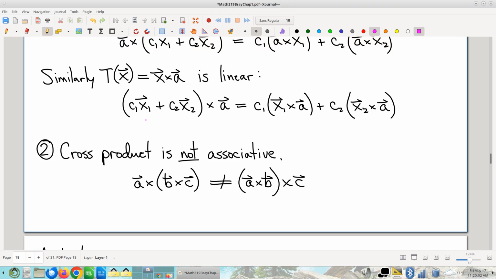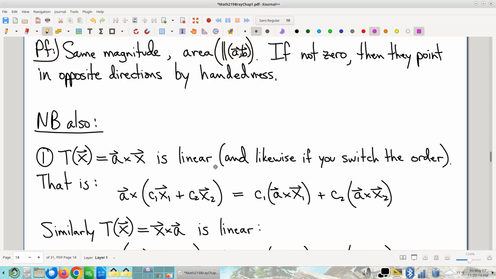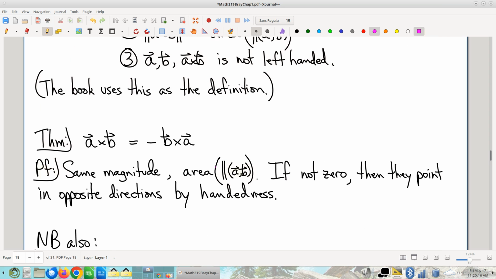This is the last one. A quickie warning: cross product is not associative, and it's not commutative. Even though it's not commutative, it is something close to commutative. It's anti-commutative. The reason it's not commutative is very consistent and identifiable.